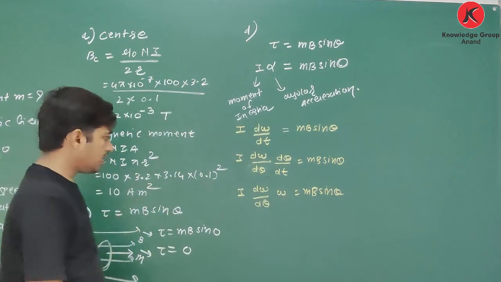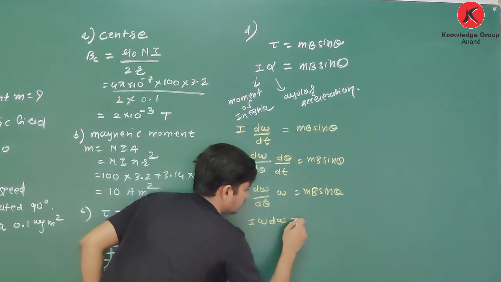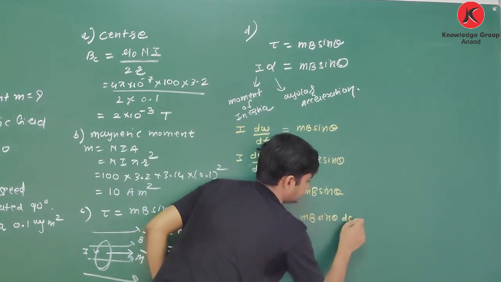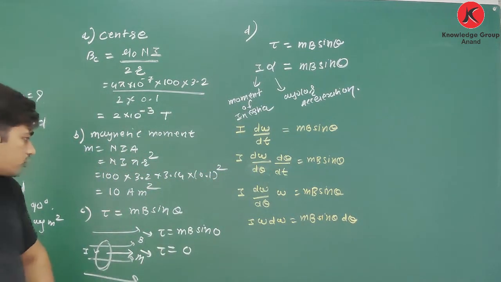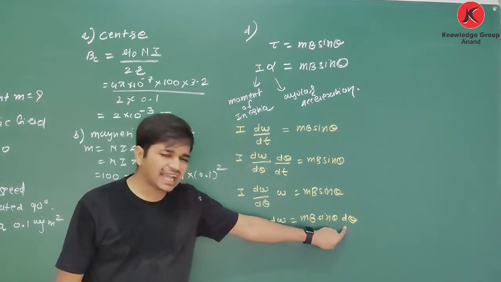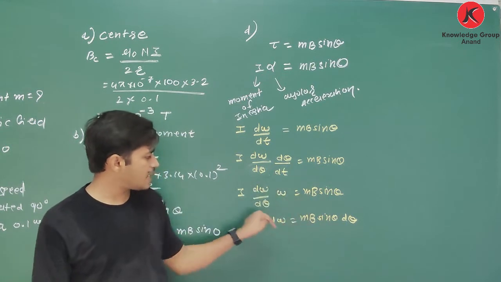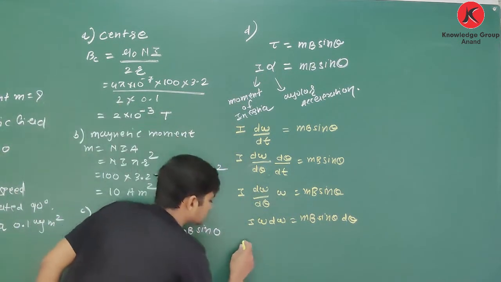So I omega d omega is equal to MB sin theta d theta. What is the meaning of this? If the change in angle is d theta, then the change in angular speed is d omega, and the relation between them is this equation. Now I will integrate both sides.